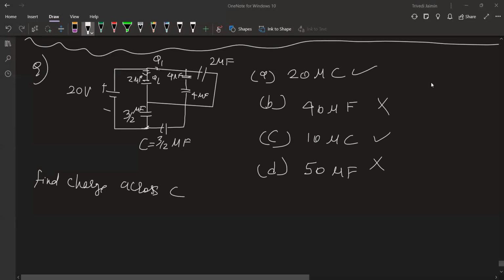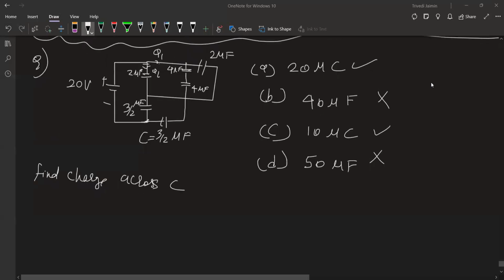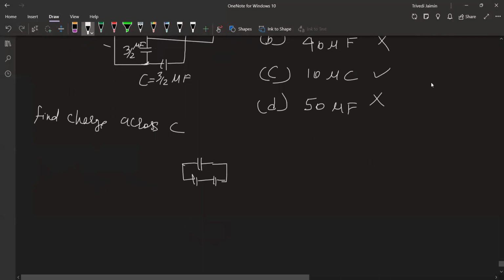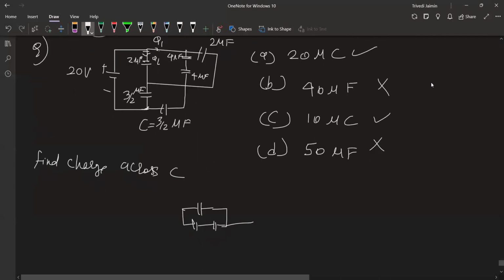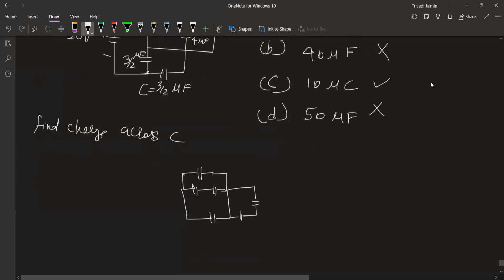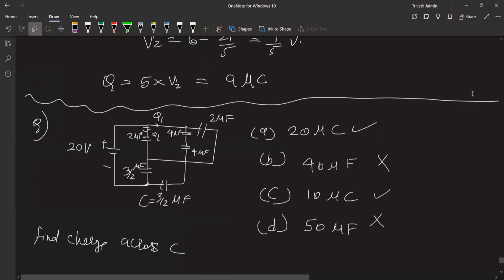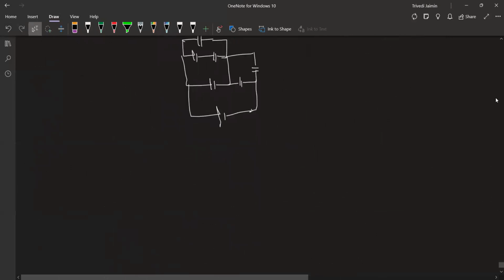Draw a diagram, easy diagram first. See, we need across this one. So this thing we can solve.